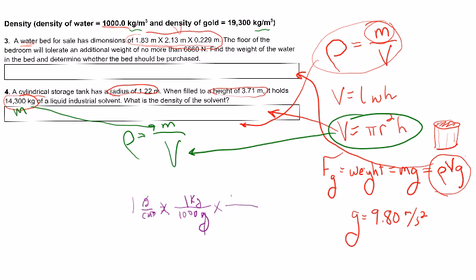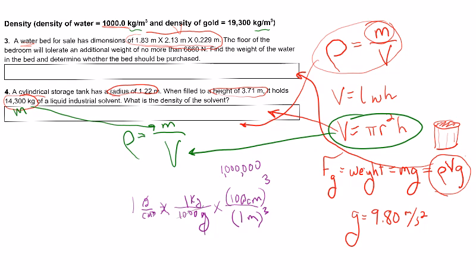Most people go, oh yeah, there's 100 centimeters in 1 meter. But this is actually cubic centimeters, so we have to cube both of these. That's 100 cubed, which is 1 with 6 zeros, so it's a million. There are a million cubic centimeters in a cubic meter.